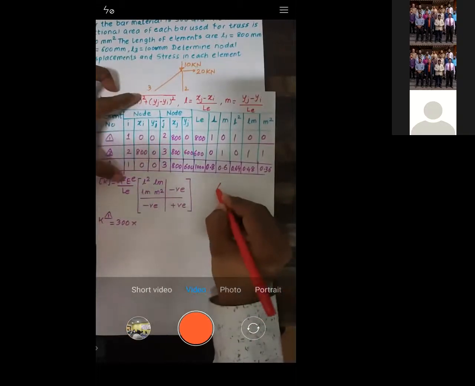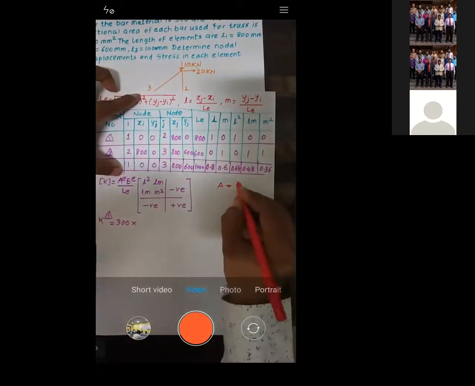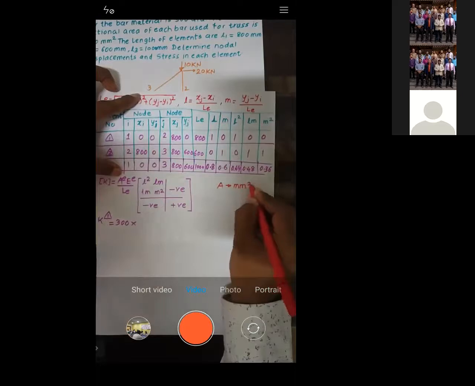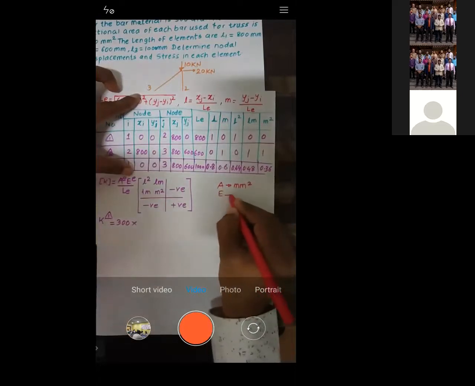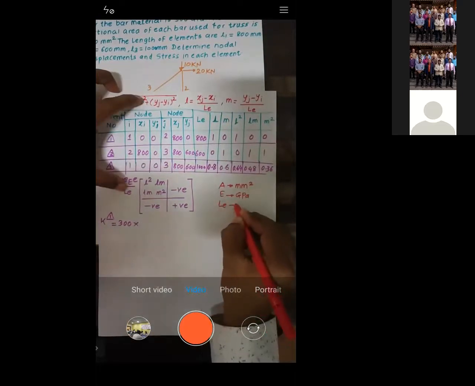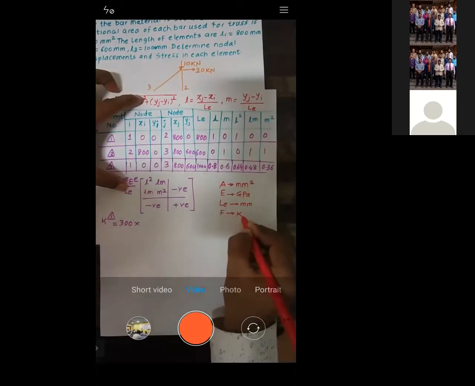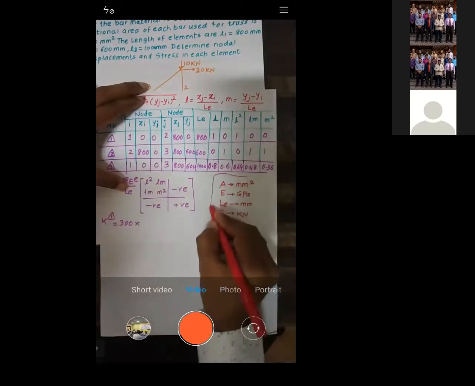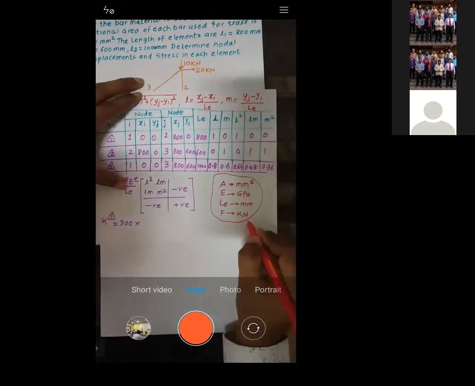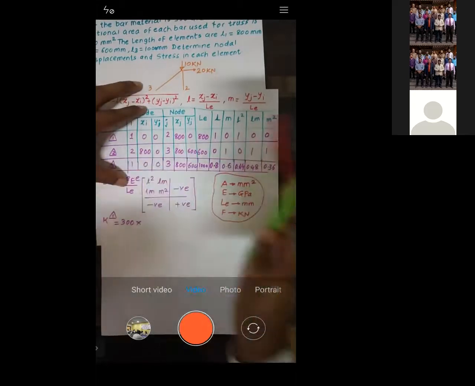Now all of you pay attention here. Area, we will take in mm square. E, modulus of elasticity, we will take in gigapascal. Length, we will take in mm. And force, we will apply in kilonewton. If such is the case, then no unit conversion is required.